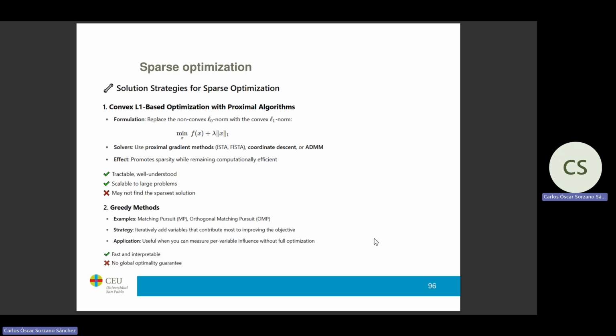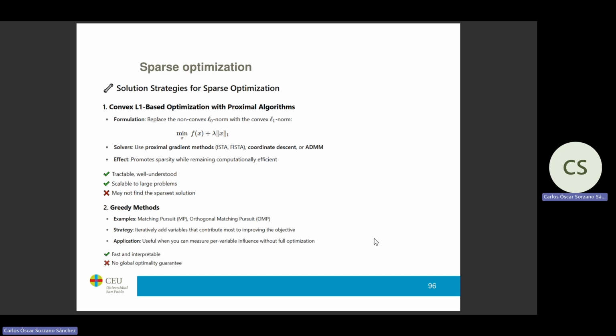All these proximal gradient methods we have studied, and these two we have not, coordinate descent and ADMM, are very much related to signal processing. So it promotes sparsity, but you cannot control the number of components that will be different from zero, and it is still computationally efficient.